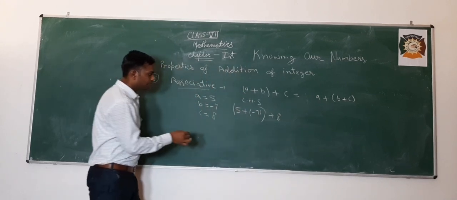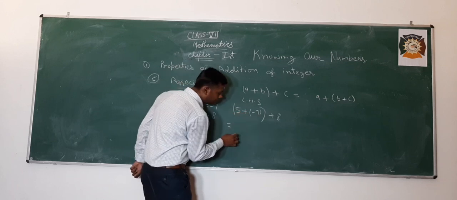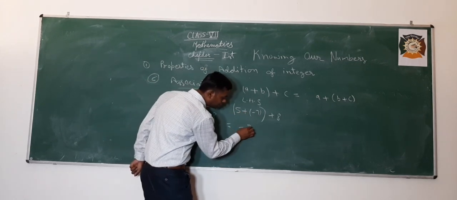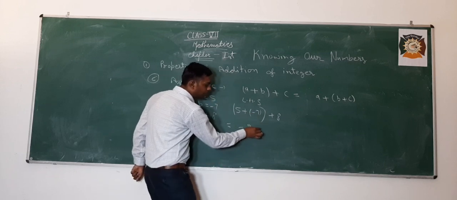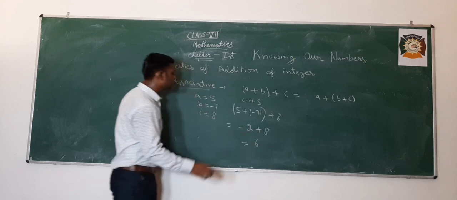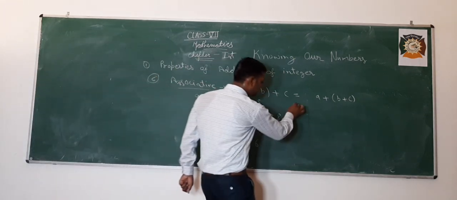What we get? First of all, you have to open this bracket. 5 plus -7 is equal to -2, plus 8, the result will be 6. Take the right hand side.